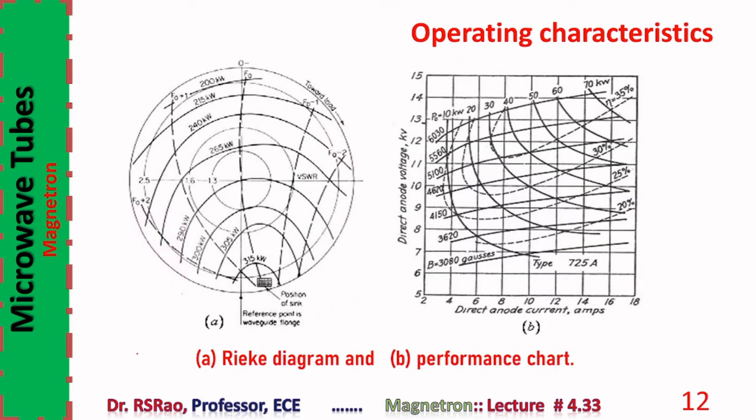Here are shown two diagrams, A and B. In A, the Rieke diagram, in B, the performance chart. The Rieke diagram is circular in shape because it is a polar diagram. One can notice 200 kilowatts, 215 kilowatts, 240 kilowatts, 265 kilowatts, etc. These are obviously constant power contours.